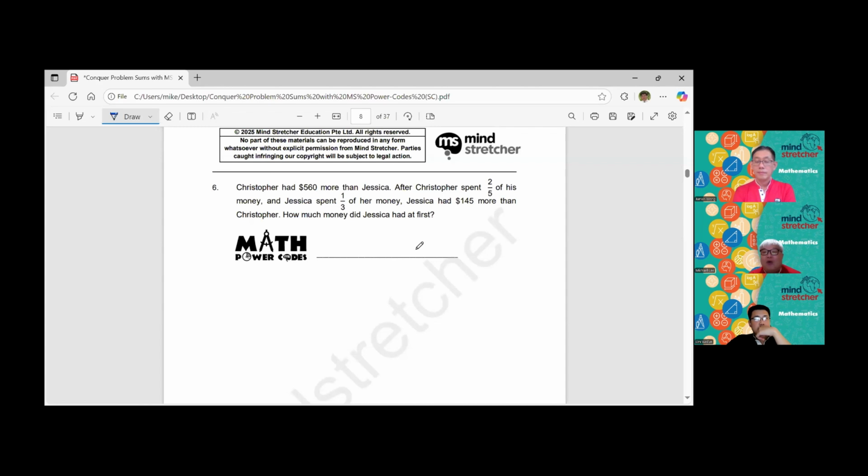By the way, do you know what is the power code that we use for question 6? No, okay. Just now I see one of you, you put down SUN, S-U-N. For those who are not mind stretcher students, do you know what SUN represents? SUN is one of the power codes that we use in mind stretcher here.